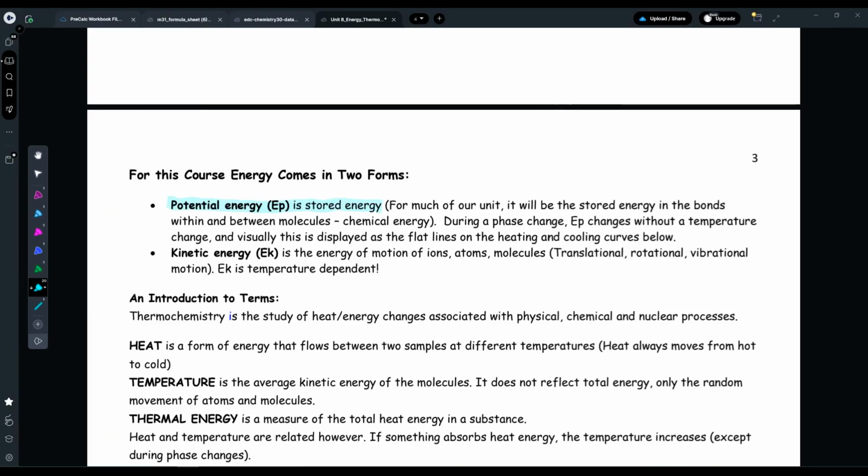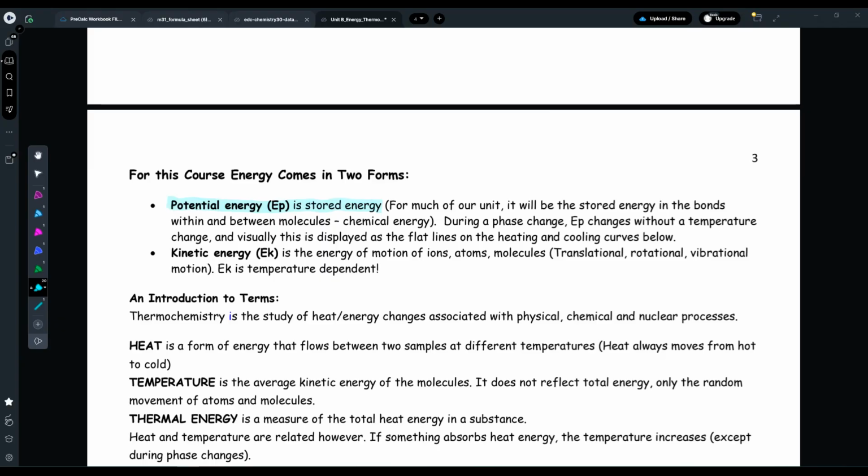The bonds within molecules are called intramolecular bonds, whereas the bonds between molecules are called intermolecular bonds. Examples of intermolecular bonds would be London forces, dipole-dipole attractions, and hydrogen bonding. Examples of intramolecular bonds would be covalent and ionic bonds.